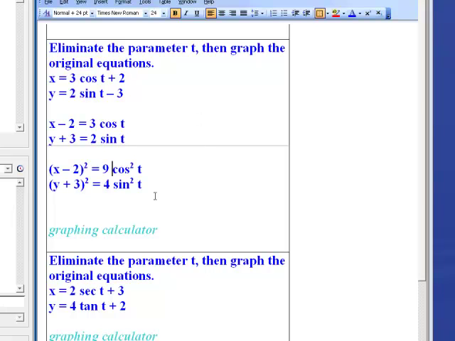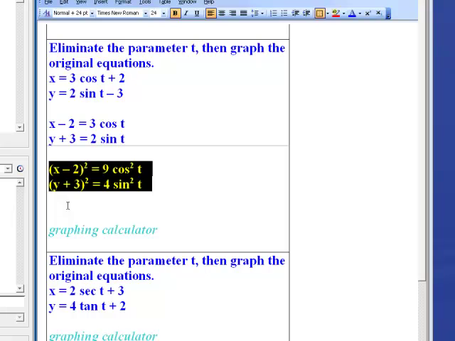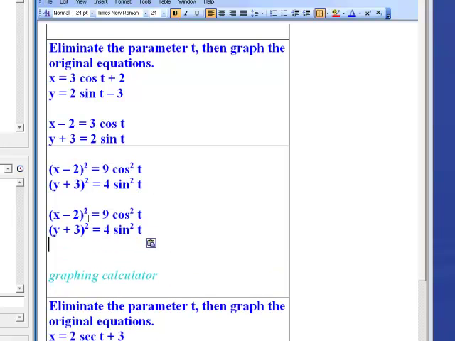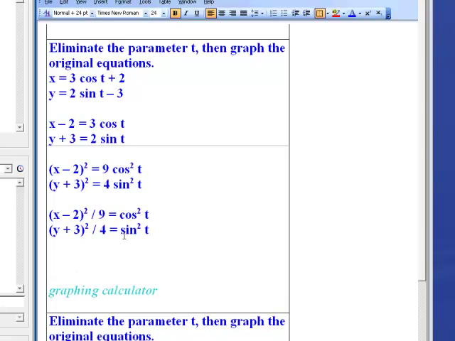So what I'm going to do is divide first by 9, the first one. So this one is going to be divided by 9. Get rid of it here. And this one divide by 4. Get rid of it there. And now I can add all sides, and I will come up with, on the right-hand side, of course, equals 1, cosine squared plus sine squared, and on the left-hand side, looks a little bit more interesting, plus this here.